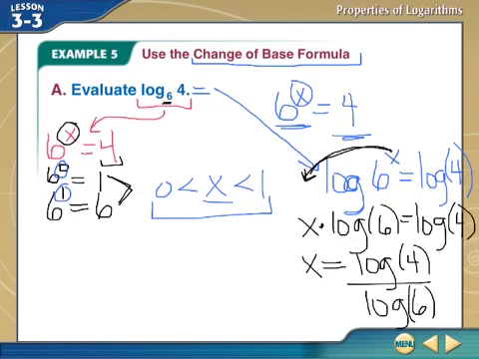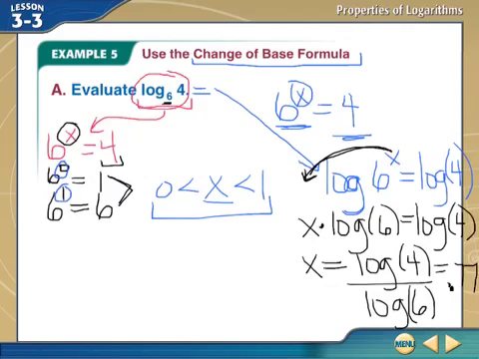Log of 4 divided by log of 6 is equal to approximately 0.77.